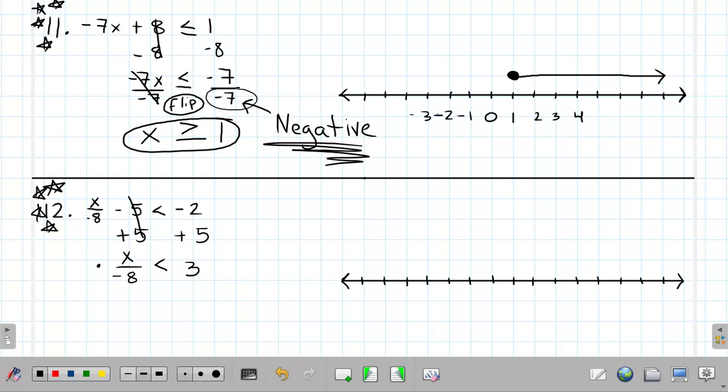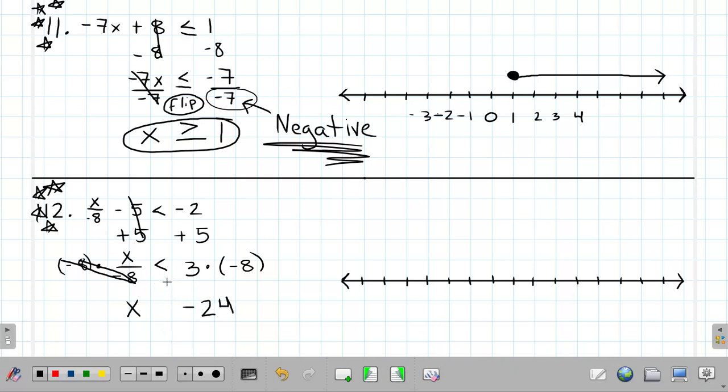But now, since we're dividing x by negative 8, we need to multiply times negative 8. So we got to do it to both sides here. Once again, the negative 8's cancel out here, leaving us with 1x. Positive times a negative is a negative. 3 times 8 is 24.